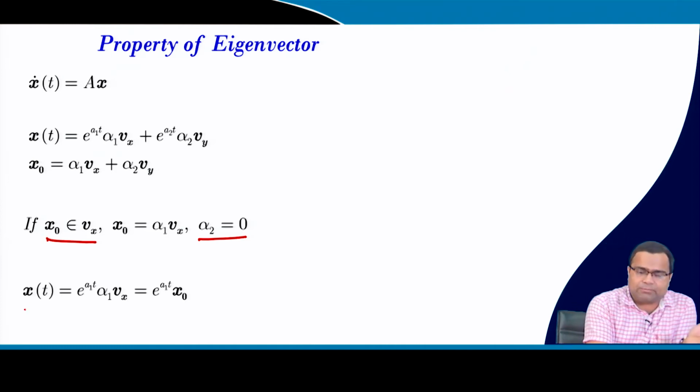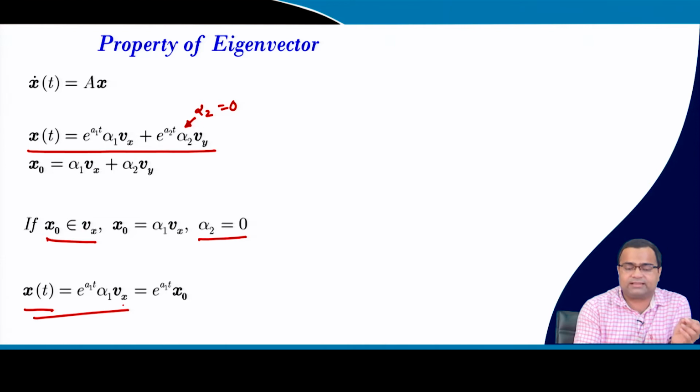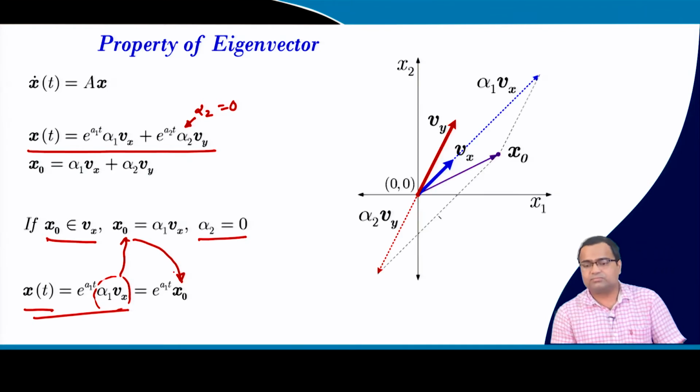So, x of t, if we write alpha 2 equal to 0, will be simply e to the power a1 t, alpha 1 Vx, and we know this quantity from here. It will be nothing but x0, correct. That means we are taking the component x0 in this case along this axis.